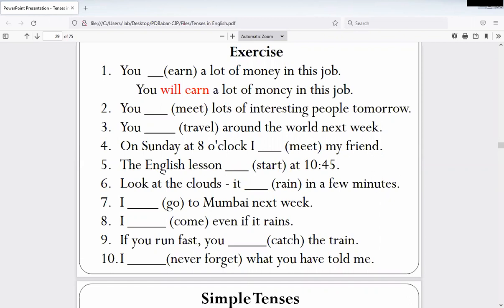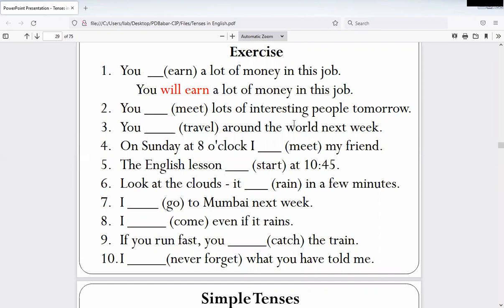So here we are using will meet. Why are we using will meet? Because the word tomorrow has come, so it becomes the future. And that's why: you will meet lots of interesting people tomorrow. This is the proper form of the verb.